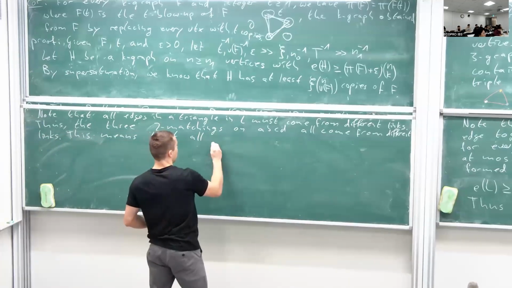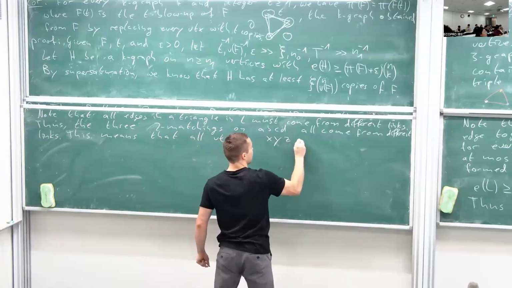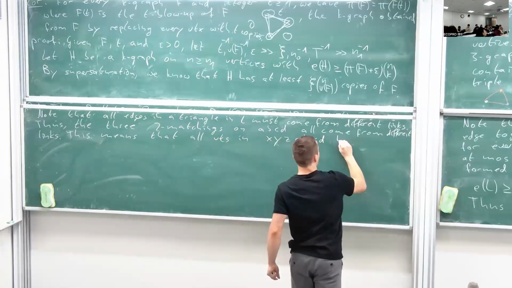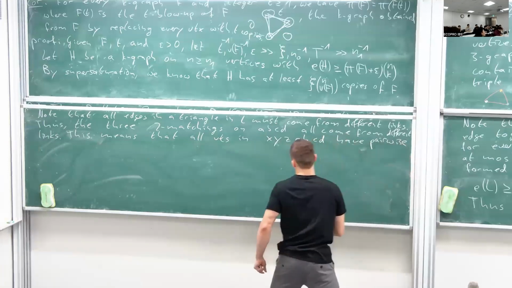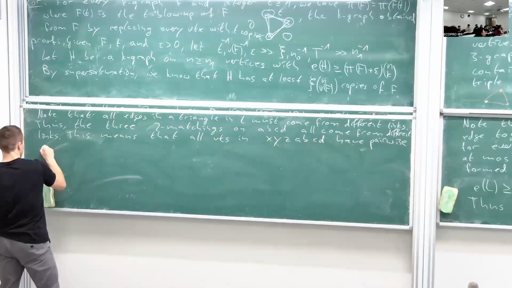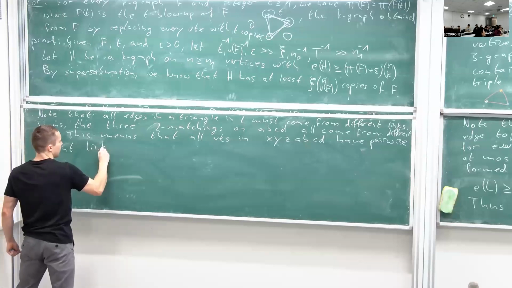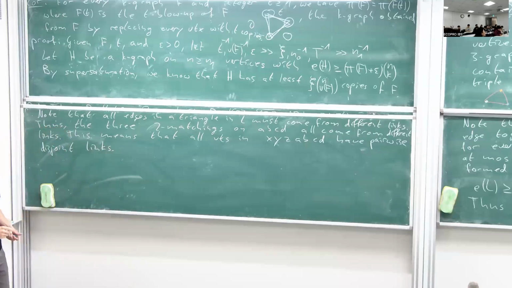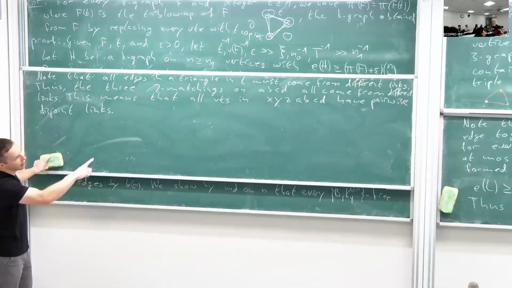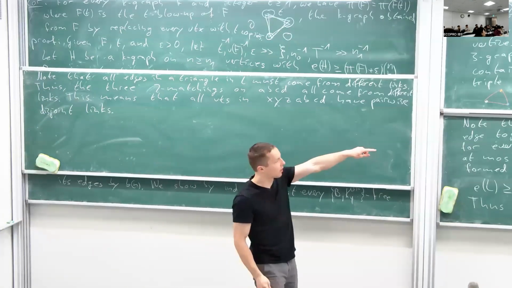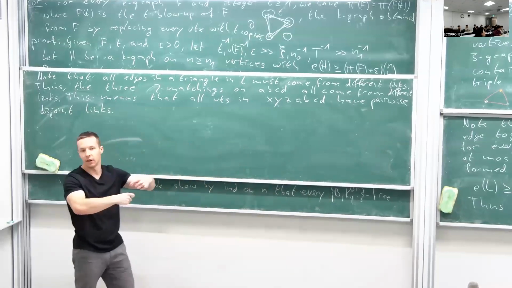So all vertices in X, Y, Z, A, B, C, D have pairwise disjoint links. Right, because of the point that I made before, that whenever we have 2 vertices which lie in an edge together, they must have disjoint links.